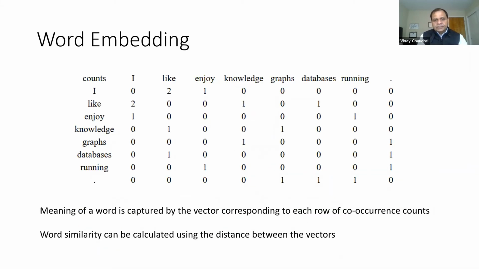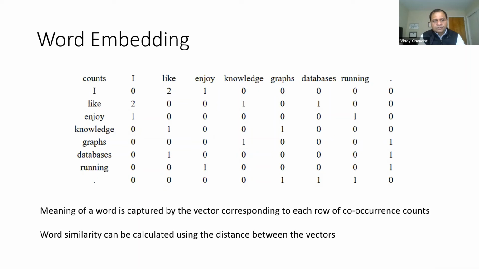Given a matrix like this, we usually refer to it as co-occurrence counts. And we say that the meaning of a word is captured by the vector that corresponds to each row of co-occurrence counts, right? So in this case, the meaning of I is captured using this first row of numbers. And if you want to calculate similarity between 2 words, we simply compute the distance between the 2 vectors.